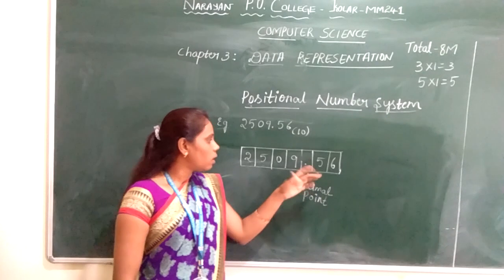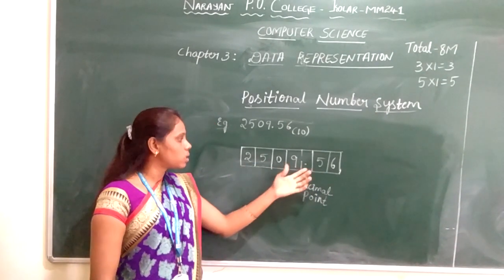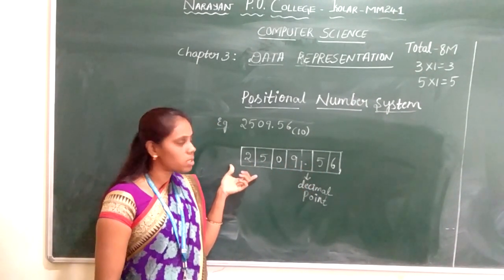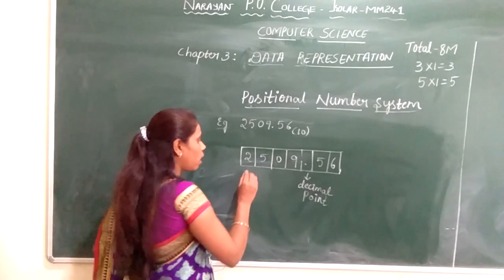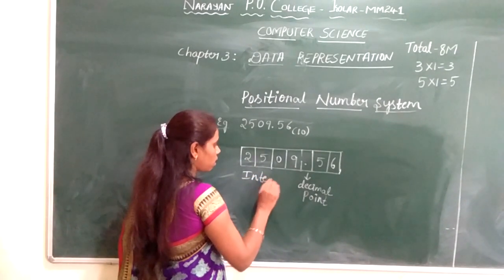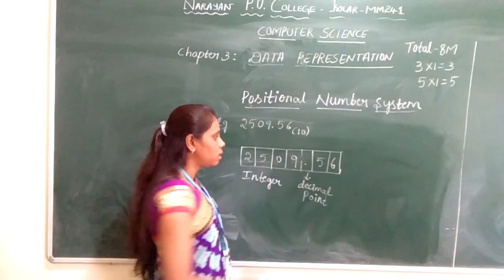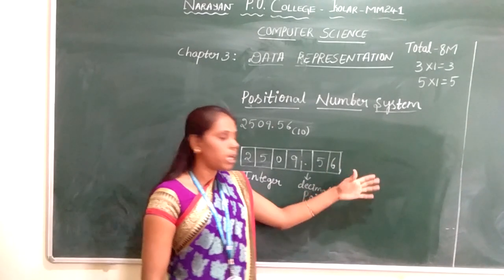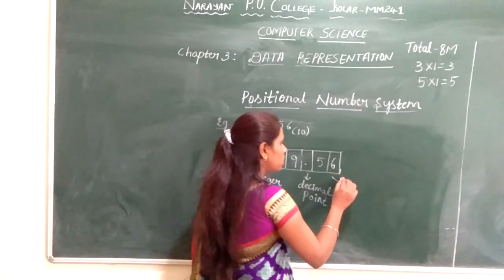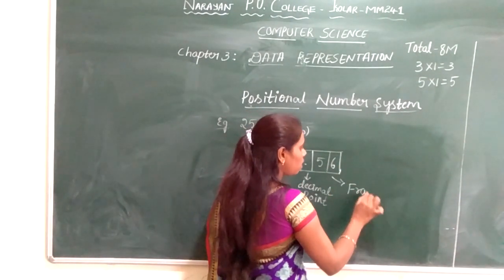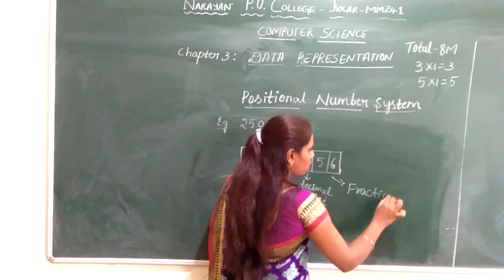This decimal point separates the positive part of the given value and the negative part. The digits which appear towards the left of this decimal point are represented as the integer part, and the digits which appear towards the right of this decimal point are termed the fractional part.